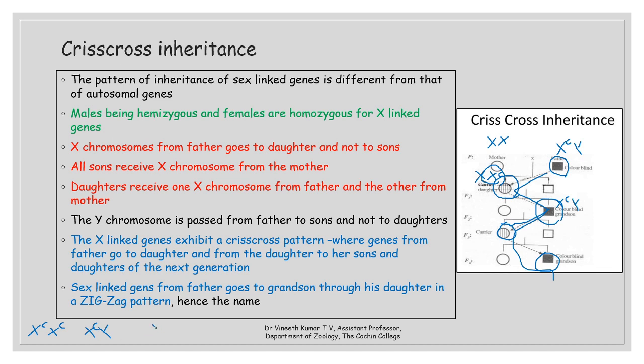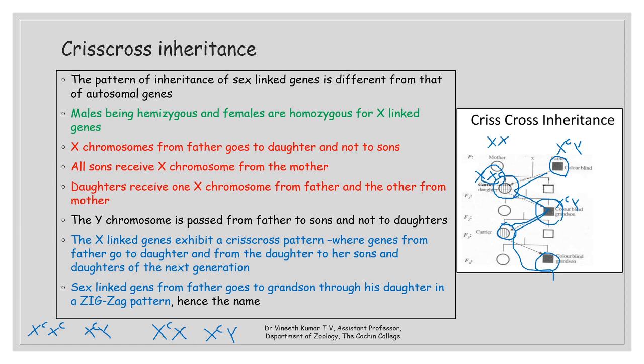And we take another condition where the female is a carrier, not affected, and the male is affected. If this is the couple, you can expect both the sons and the daughters to be affected, because there is a 50% chance for the daughters to receive the recessive allele from the mother, and definitely they will receive one from the father.